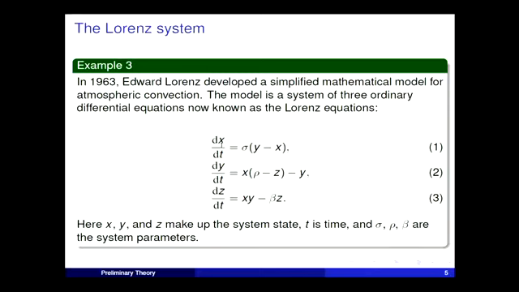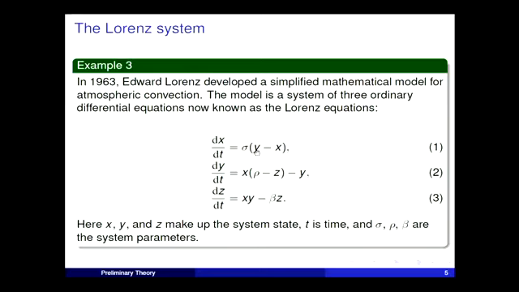And you can see that on the left, you have x, y, and z unknowns, and you take the derivative with respect to time. And on the right, you have x, y, and z unknowns as well. Now this one became famous, and this is named the Lorenz equations.